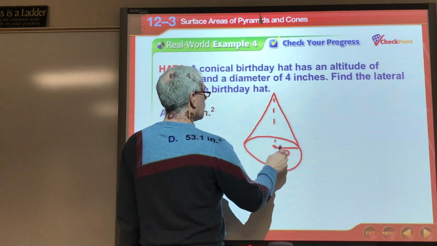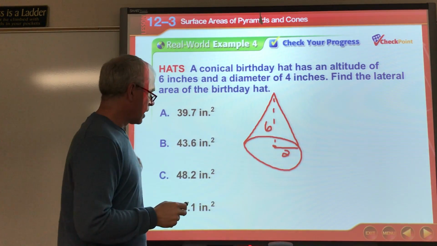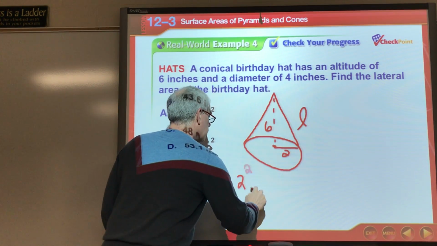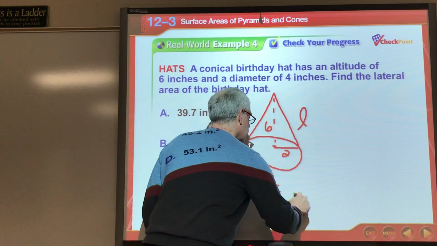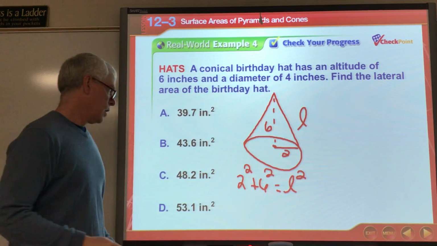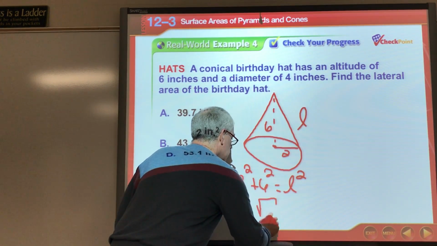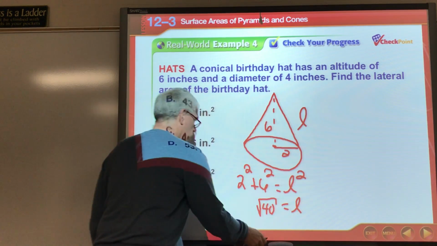Okay, our altitude was 6. And so our slant height here, we're going to say that 2 squared plus 6 squared equals L squared. Okay, well, 36 plus 4 is 40. Take the square root, so L is going to be the square root of 40.